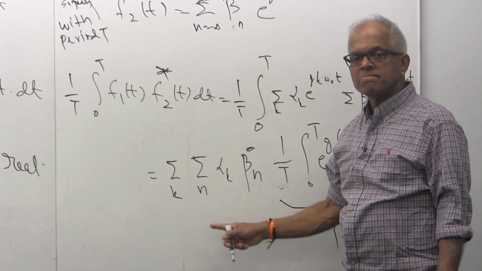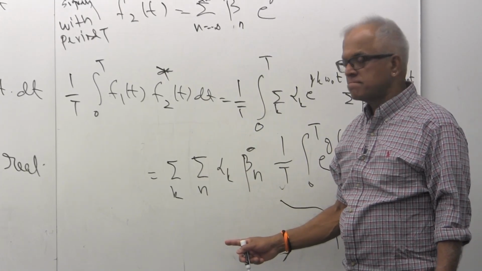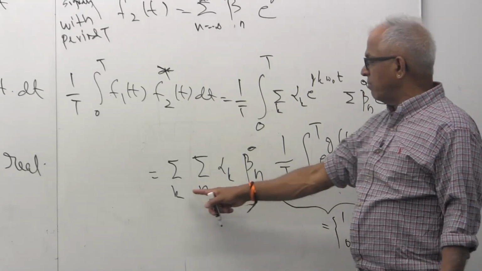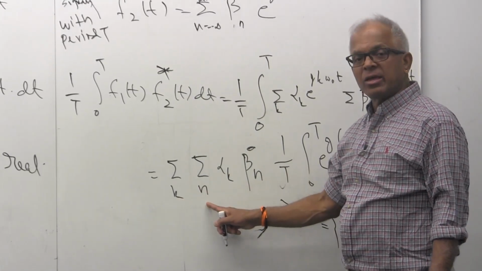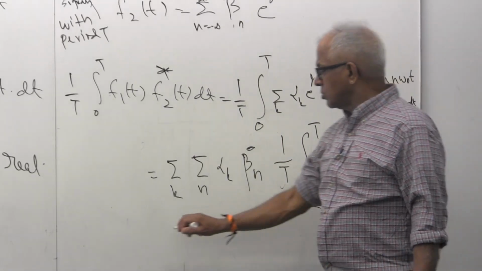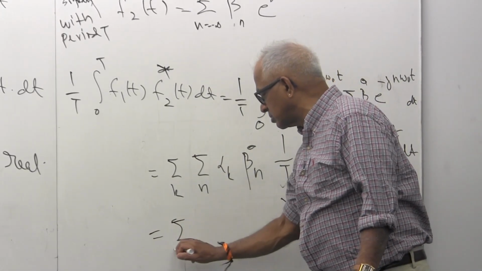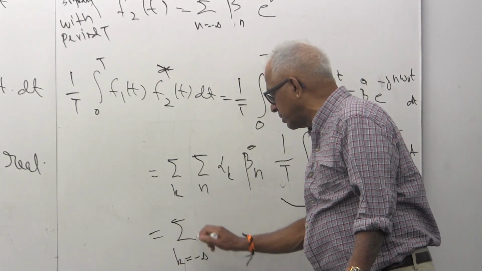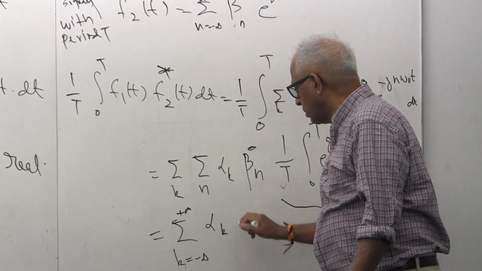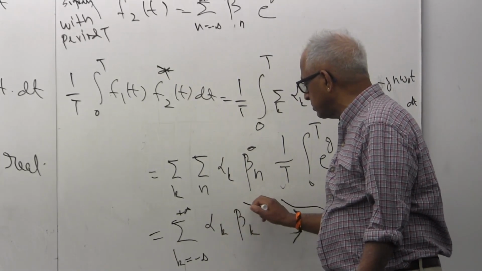Alpha and beta, the product of alpha and beta. Because this will only have values when k equals n, right? When k equals n, this integral is 1. So this will simply reduce to sigma k from minus infinity to plus infinity, alpha k, beta k star.